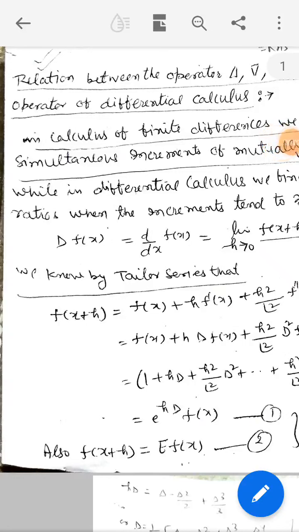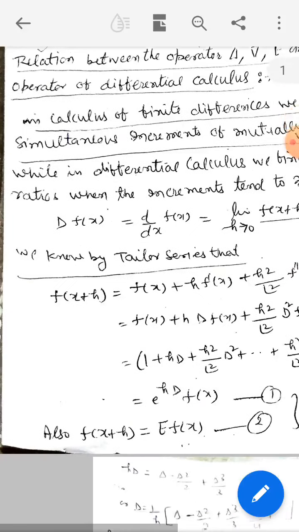In the previous video, we discussed the relation between the operators: the forward difference operator, backward difference operator, and displacement operator. Now, in this video, we discuss the relation between the operators delta, nabla, E and capital D, where capital D is the operator of differential calculus.